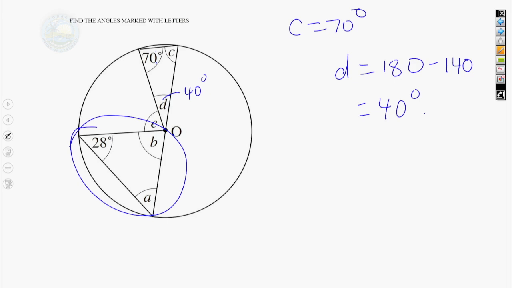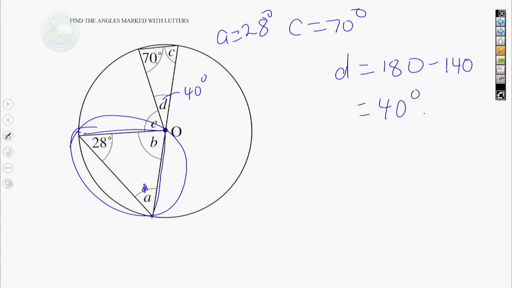An isosceles. So here we have one radius. Here we have another radius, which means that if here is 28, how much is here? 28 degrees, because the base angles of an isosceles triangle are equal. So A will be equal to 28 degrees.